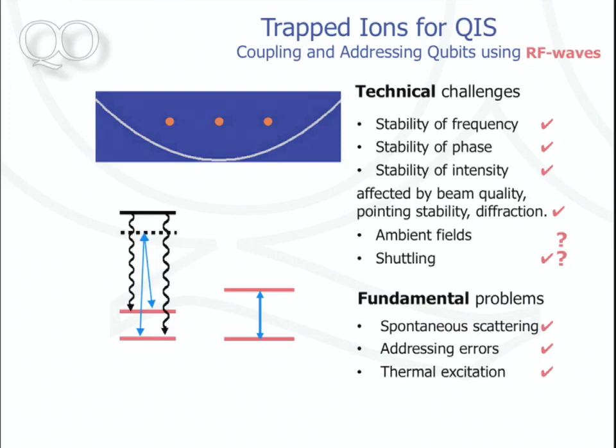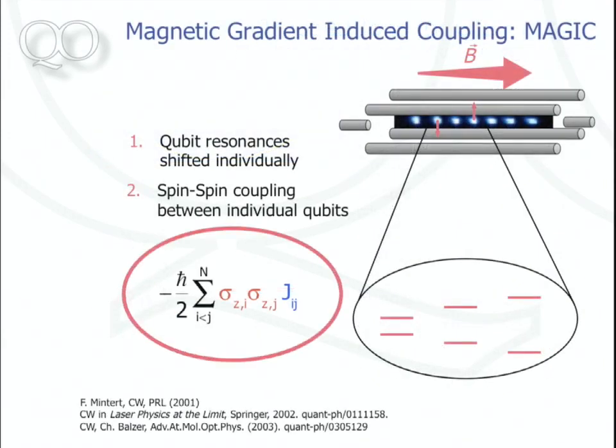And the other motivation for this MAGIC stuff is that we have this long-range spin-spin coupling in a string of ions. And so what we do is we have our trapped ion string. We apply a magnetic field gradient, a static magnetic field gradient. This gives us two things.